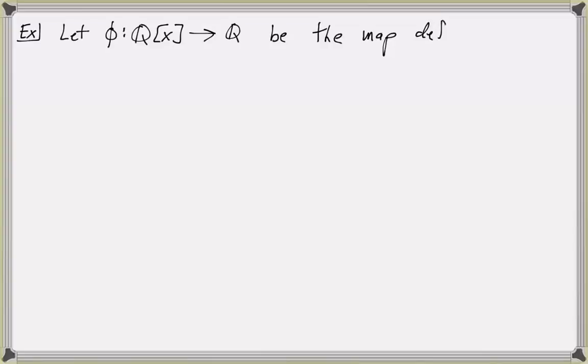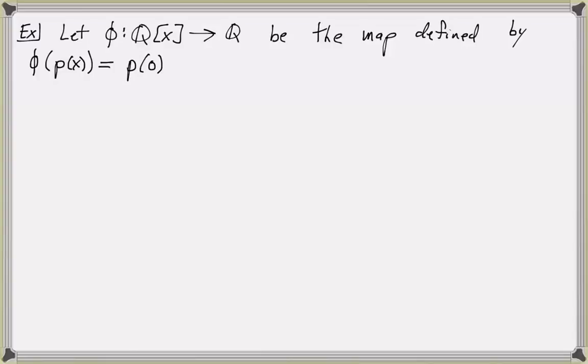This next example, let's look at a homomorphism from the set of polynomials with rational coefficients to the ring of rational numbers. So we're going to define this map. We're going to define it by phi of a polynomial p equals p of 0.